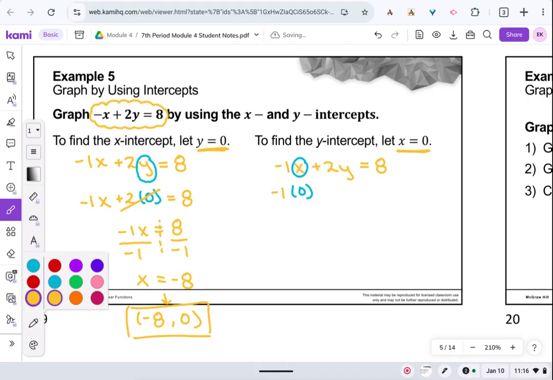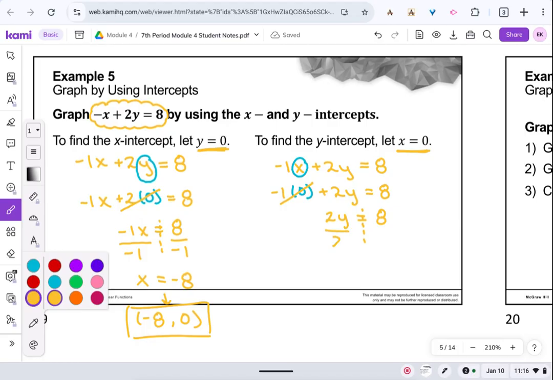So -1 times 0 plus 2y equals 8. Now the beginning stuff cancels out because -1 times 0 is 0. I'm left with a positive 2y equals 8. And then again, we have an easy equation to solve.